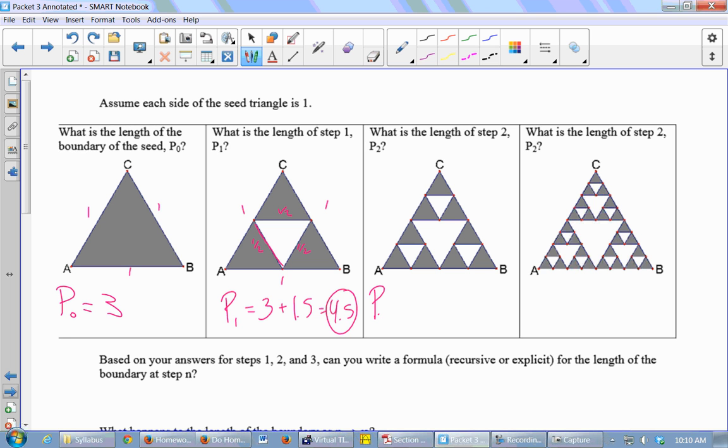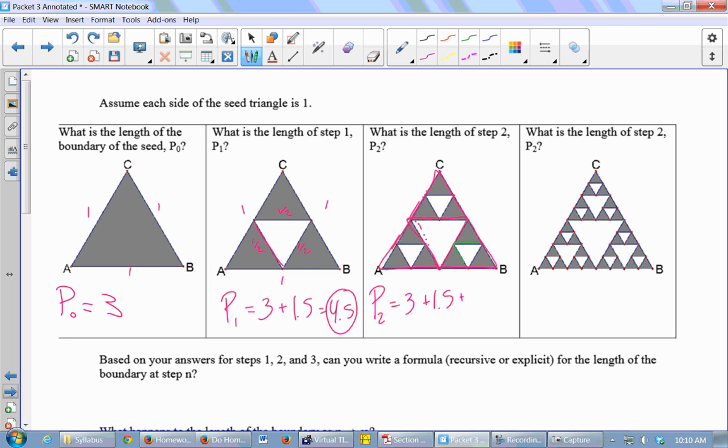And then my perimeter at step 2, I still have the 3 from the outer, right? I still have the 1 1/2 from this middle chunk. And then what are the lengths of each of these? 1/4, yeah.